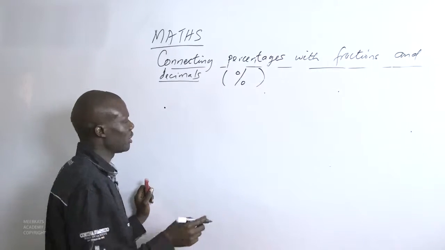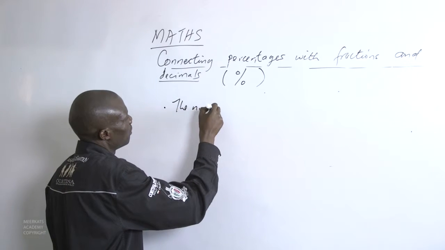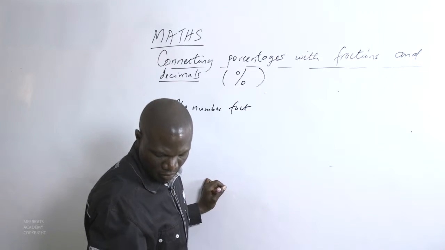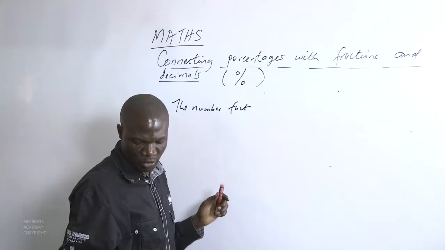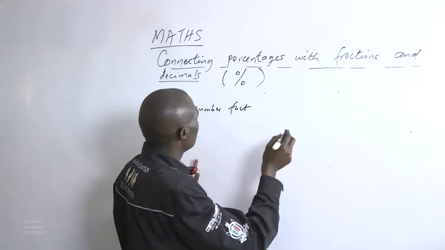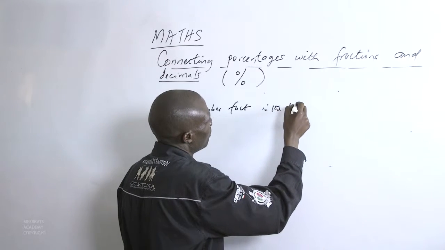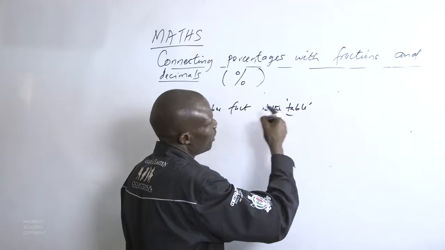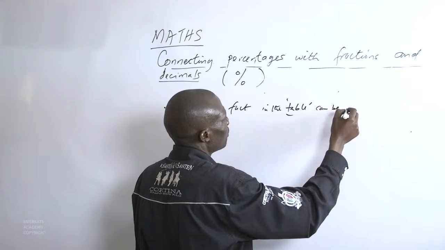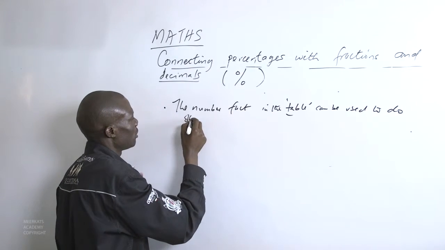From the table that we've just seen, we find that the number fact in that table can be used to do other conversions.